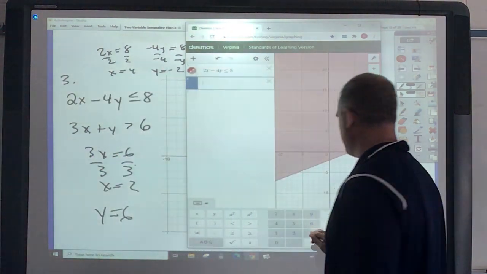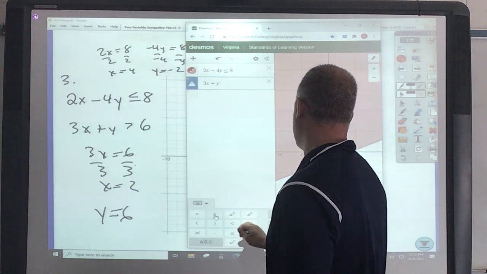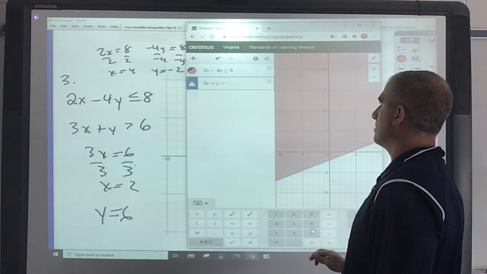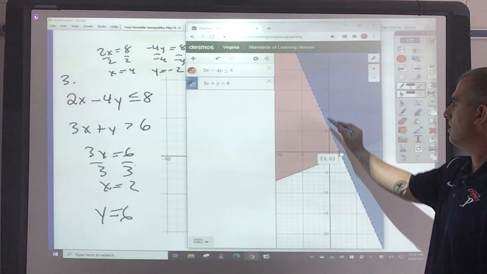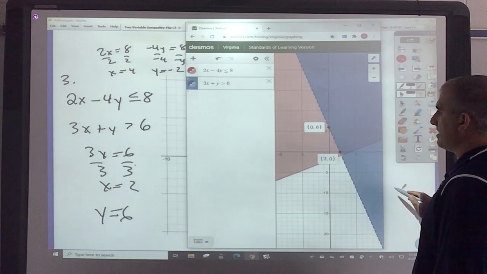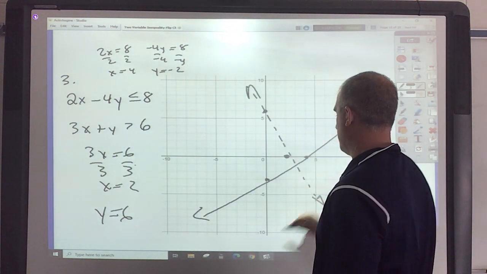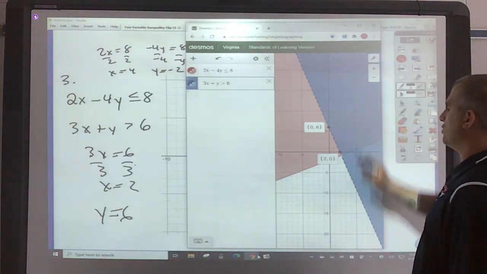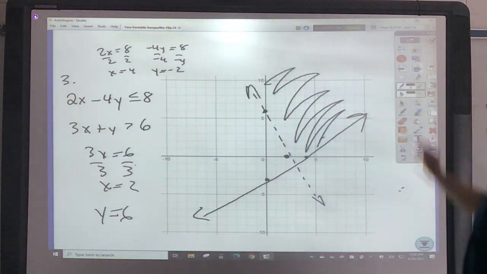So I got 3x plus y greater than 6. Okay, so I can confirm this other dot was at 2, this dot was at 6, so I'm good there. This would be a dashed line. Okay, I got the darkest shaded area is going to be this area right there.